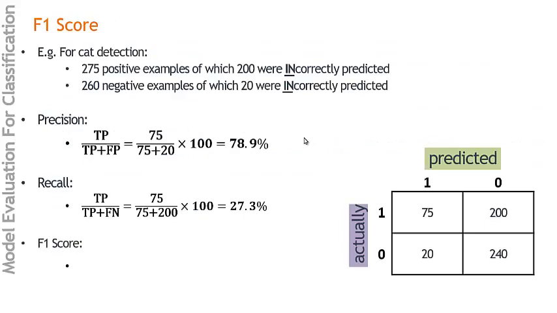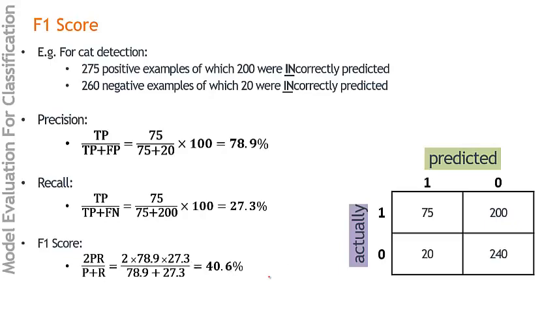All right, so let's do some computations of F1 scores in particular examples. Using the harmonic mean formula, you can work this out as 40.6%.